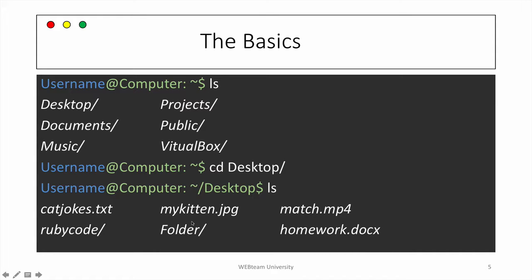I have my kitten JPG, that's a JPEG, a photo of my kitten, match.mp4. The MP4 extension indicates that that's a video. And you can see here Ruby code with the / is indicating that that itself is a folder, another folder on my desktop. And I have another folder, name folder, and then I have homework docx. Docx is the Word extension. So the ls command is going to list everything that's in our current directory.